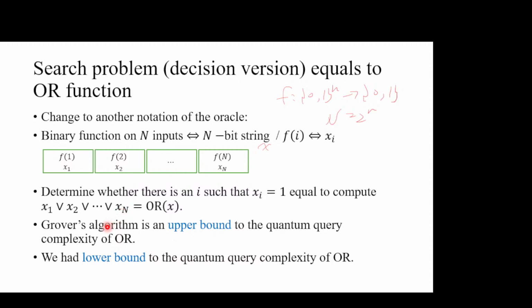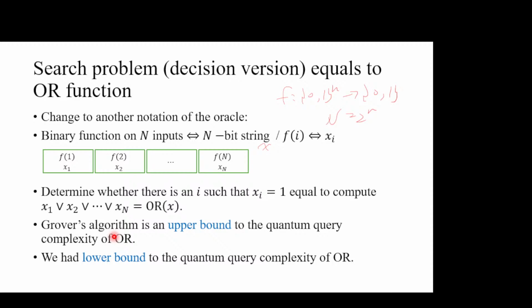Just some nomenclature: the query complexity we are getting is an upper bound and a lower bound on the quantum query complexity of this OR function. The upper bound is in what way you can calculate this OR function with not so many queries, and that's Grover's algorithm. Grover's algorithm shows that you can calculate this OR function with only order square root of N queries.